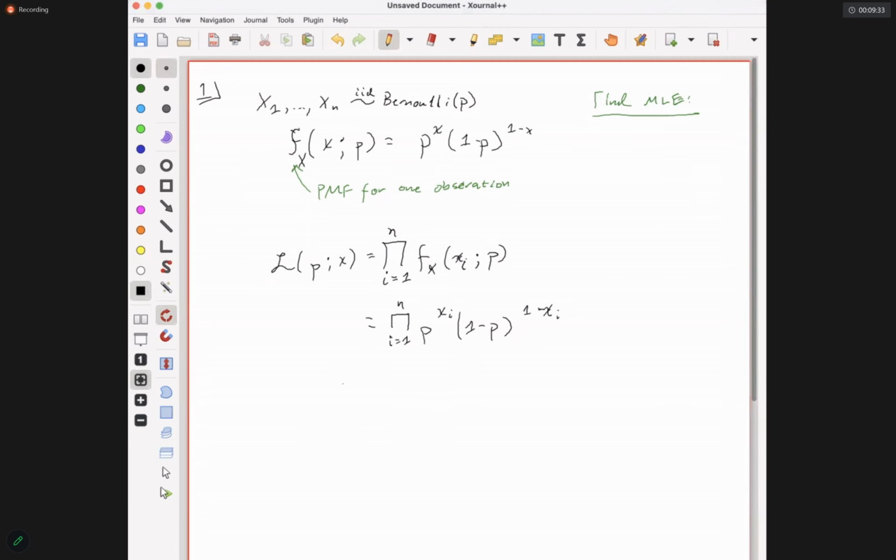Okay, so would it help if I split this up into the product from i equals 1 to n of p to the xi times the product from i equals 1 to n of 1 minus p to the 1 minus xi. Do you see what simplification we can do here?